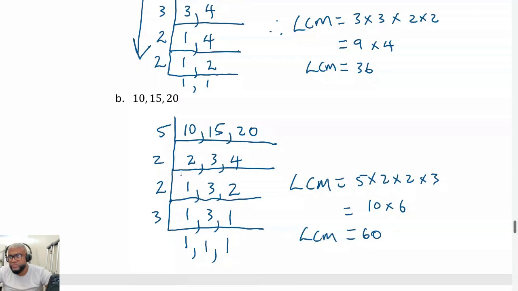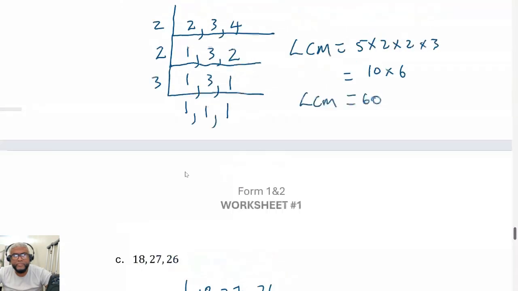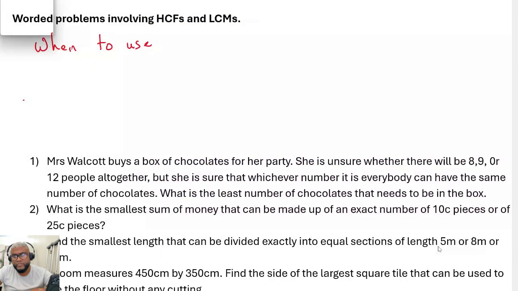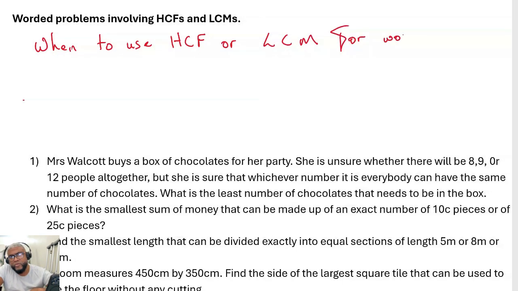Right, so I need to give you all a note down here, right? Everybody have this? Right, when to use HCF or LCM for worded questions, right?